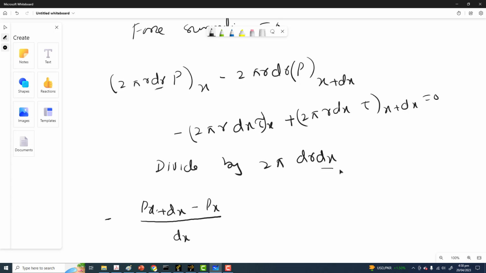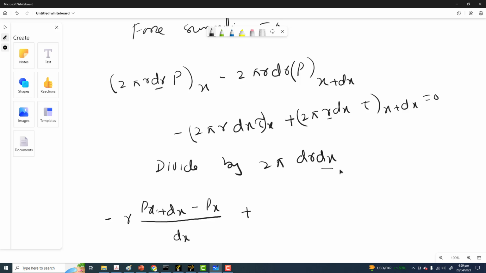Similarly we have the positive quantity here. Because r is a variable for the shear stress, r will be inside the bracket, but the pressure is not a function of r, that's why r is taken out as common from these two terms.